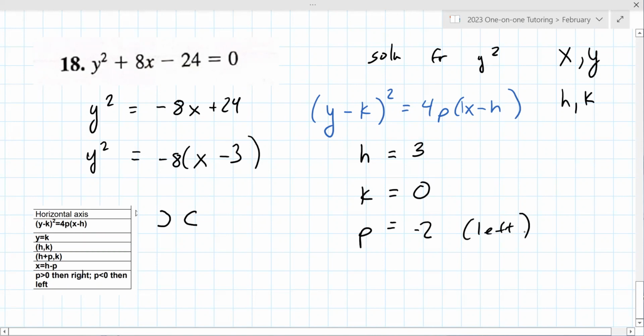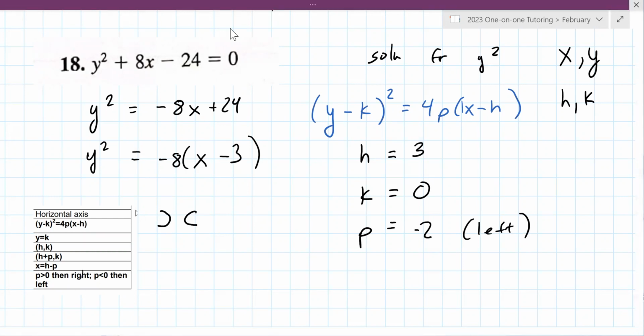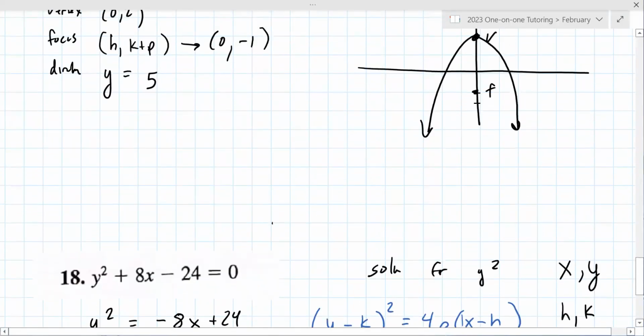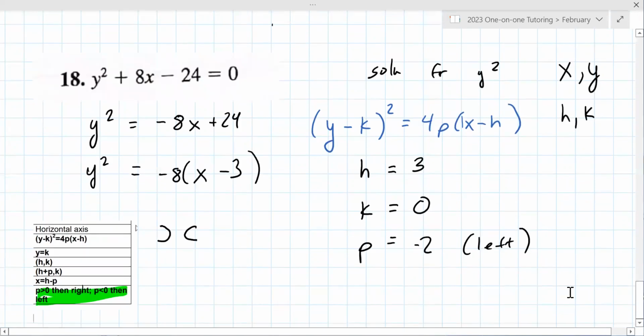Well, when it's less than 0, it goes to the left, and that's down here. Now how I remember it is I look at where the focus is. Remember how when I've been graphing these, I was graphing the vertex first and then the focus. The focus is always included in the vertex side. That tells you the direction it opens as well. Because I'm not big on memorizing stuff like this. So we're going to see that here.